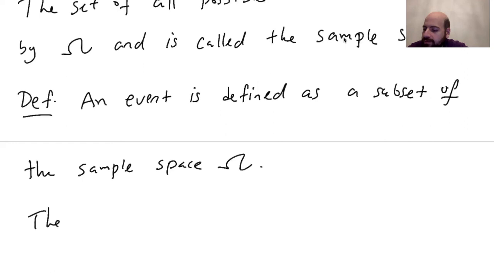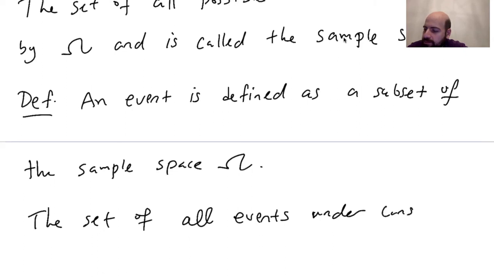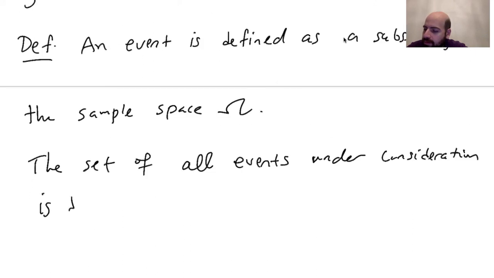The set of all events under consideration is denoted by curly F.